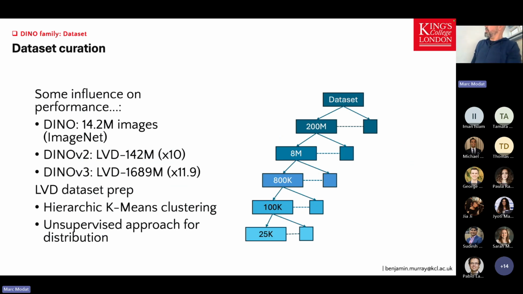So coming to data set, they started off just using ImageNet without the labels. By the time they got to V2, they wanted to curate their own data set. And by the time they got to V3, obviously, they created a much bigger data set again. And what they do to make sure that the data is well distributed is they just do this big hierarchic k-means clustering, where they will separate the data into clusters of 200 million, then separate those into clusters of 8 million, then 800,000, 100,000, 25,000.